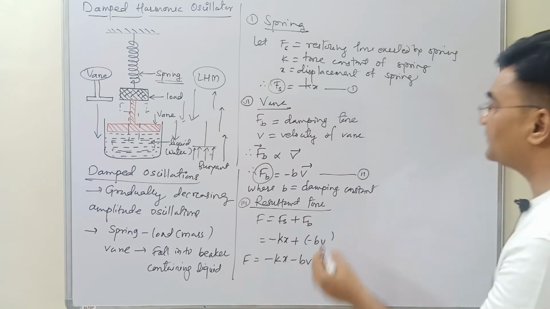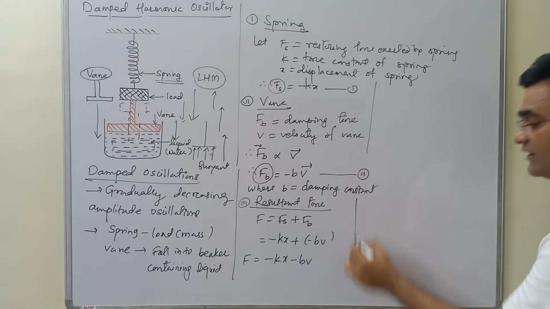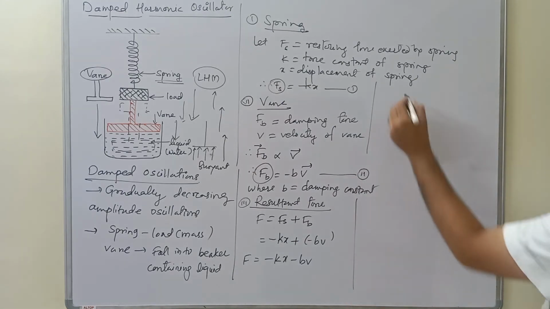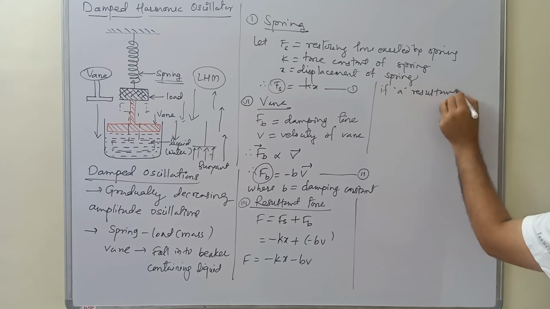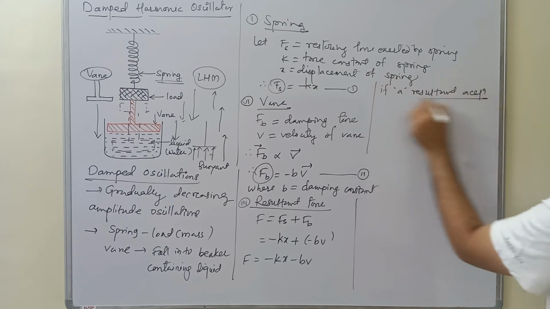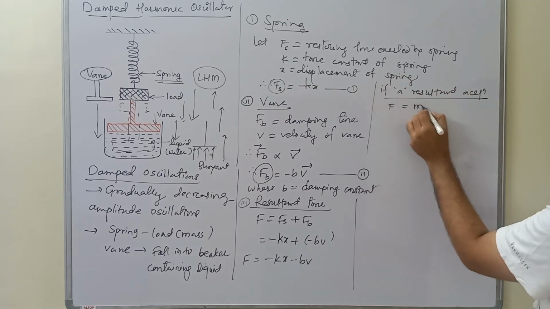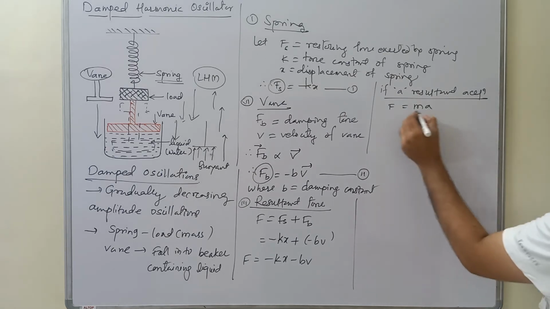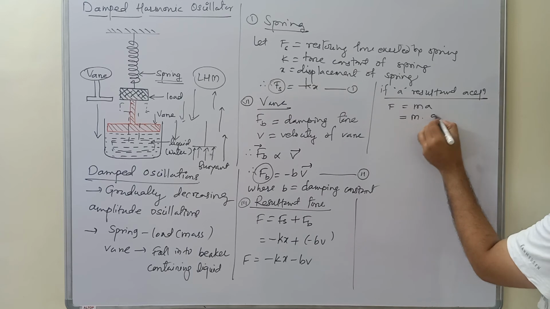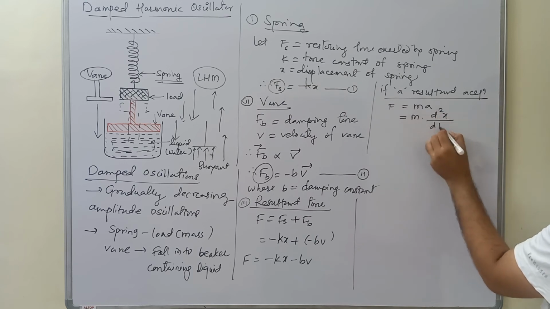If a is the resultant acceleration of the system, then force equals mass into acceleration, and in terms of displacement, acceleration is d2x by dt2, so F equals m d2x by dt2.